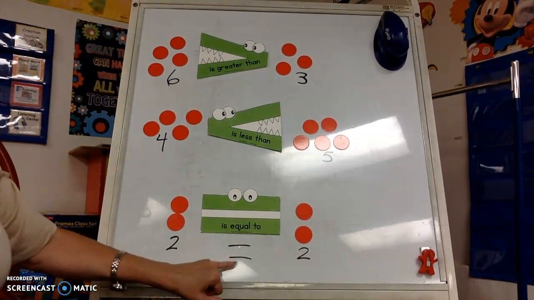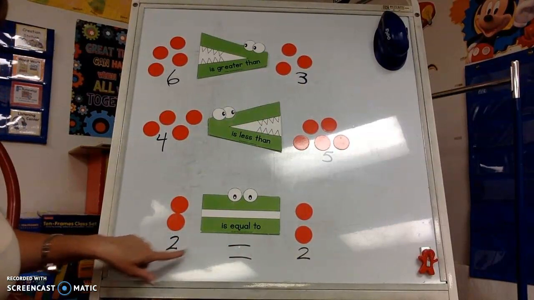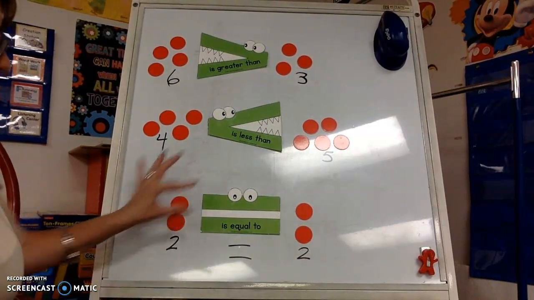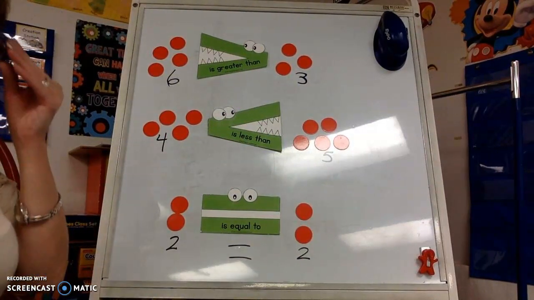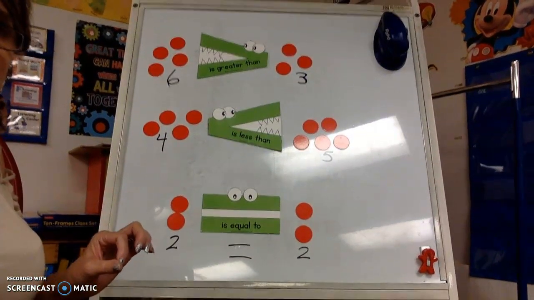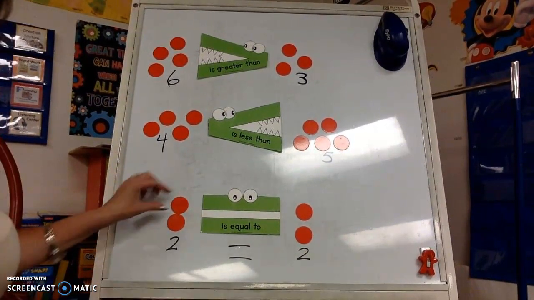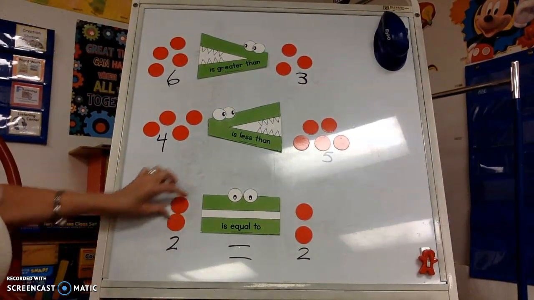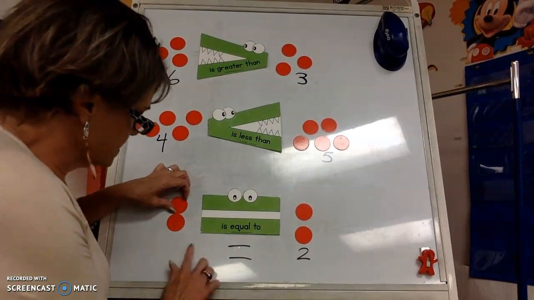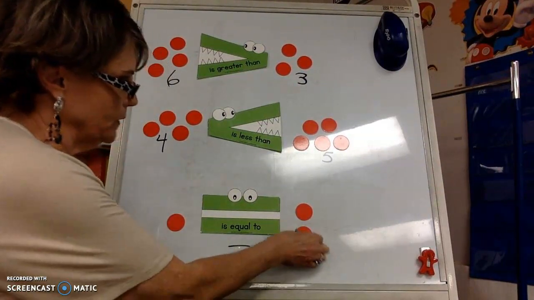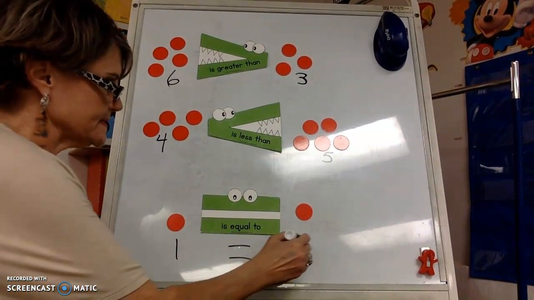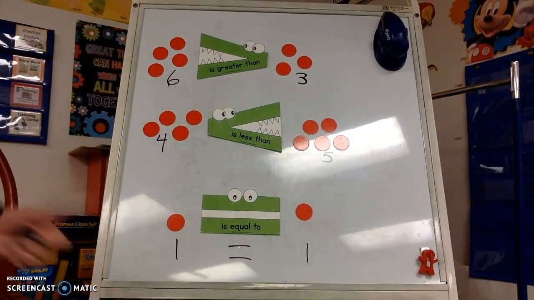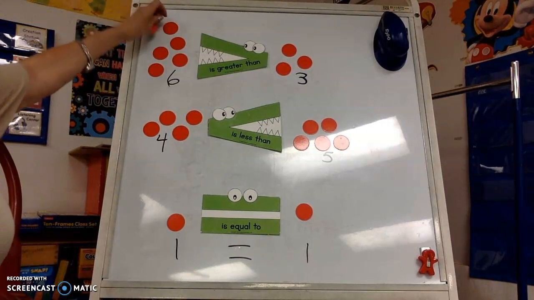So 2 is the same as 2, or 2 is equal to 2. It's the same number. Again, the crocodile is chomping the bigger number. If we had, I'm going to do 1. 1 is equal to 1. I'm going to put these 2 back over here.